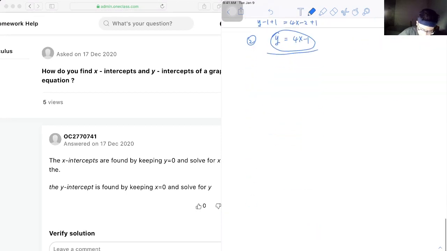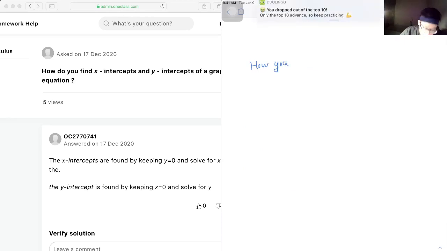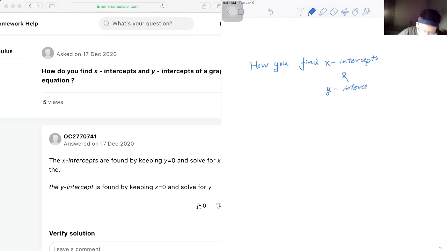Okay. So our next question is asking us, how do you find X-intercept and Y-intercept of a graph of an equation?